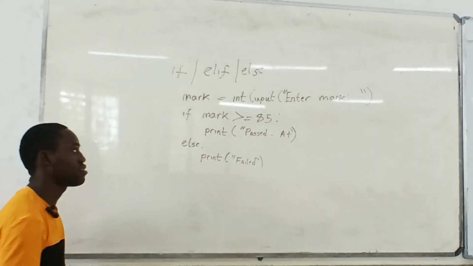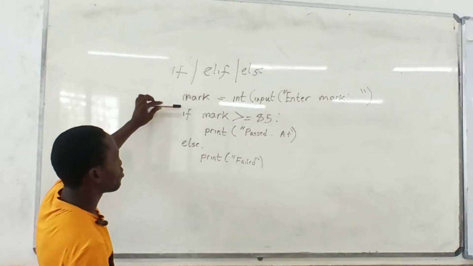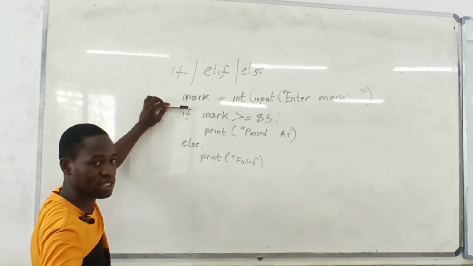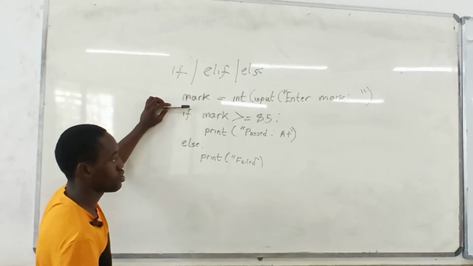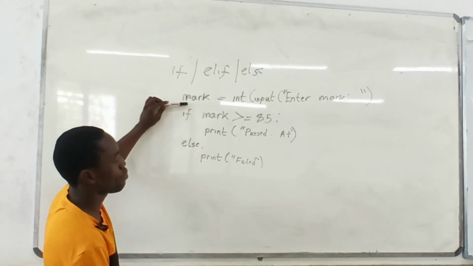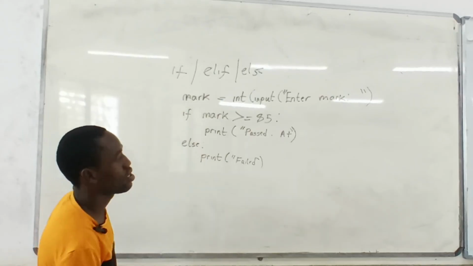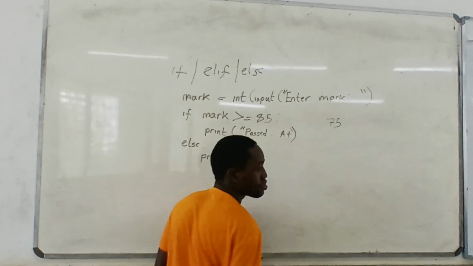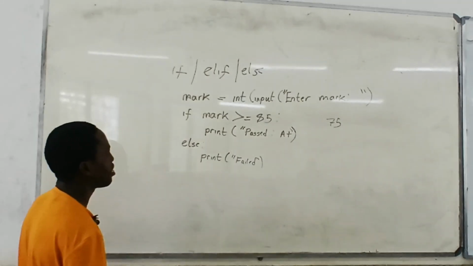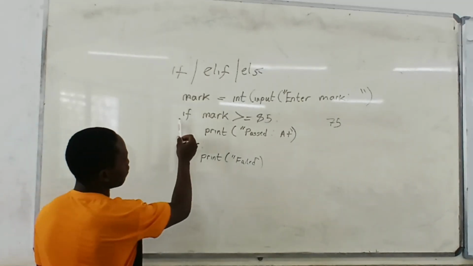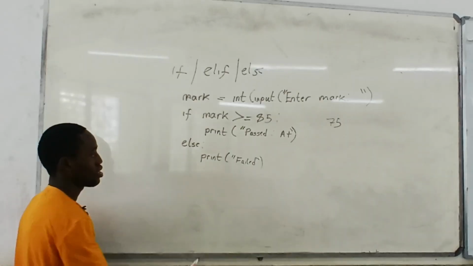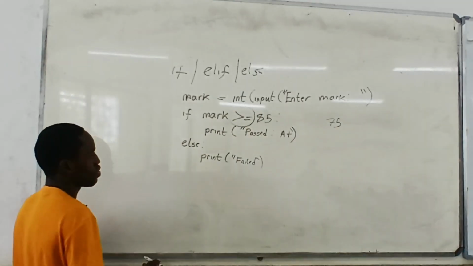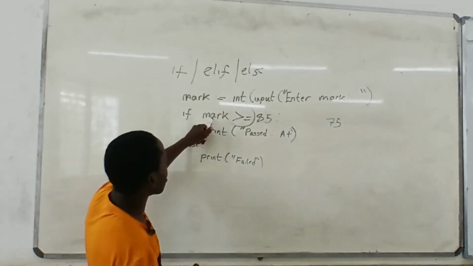The explanation for this: this part is just asking, let's say you're a teacher, you're grading marks, and you reach the student, and it's asking you to enter the mark for that student. Let's say you enter 75. And then what the if condition statement does is use the comparison operator to check: what is mark?